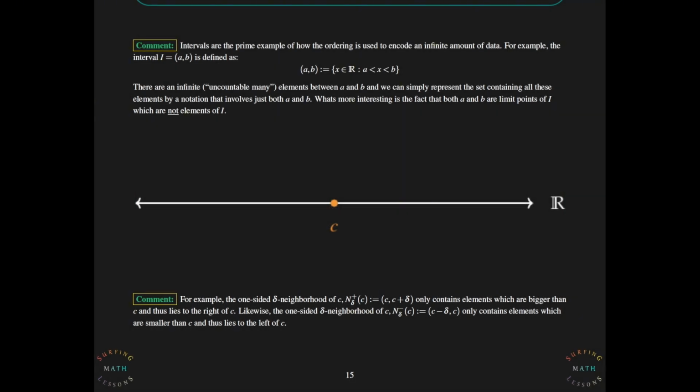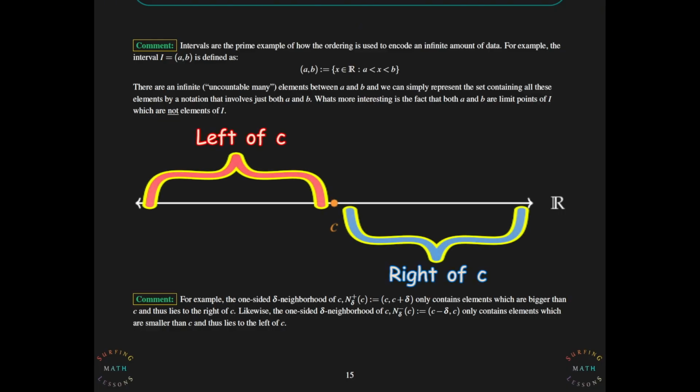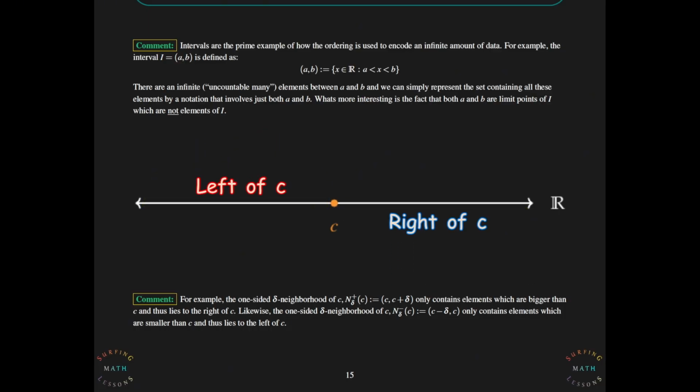Here the point C divides the real line into two disjoint intervals called the left of C and the right of C respectively.